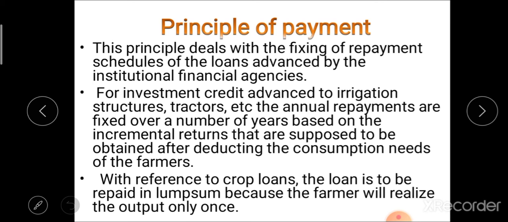That means according to the income from that particular loan, the farmer must prepare the repayment schedule to repay that loan amount. This is the another principle, that is principle of payment.